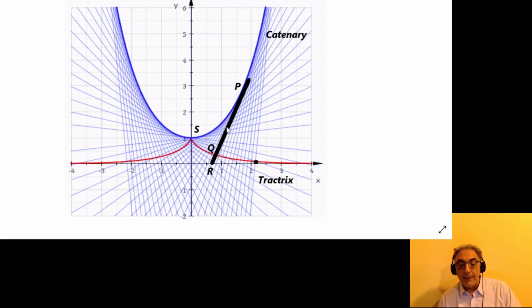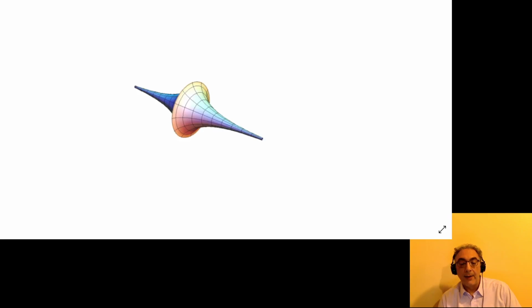Now, this length here, we have to think in terms of the osculating circle, which makes the tuning on the pseudosphere.